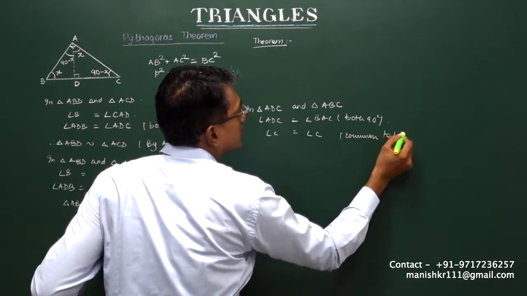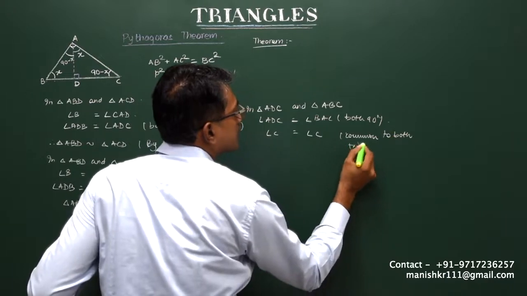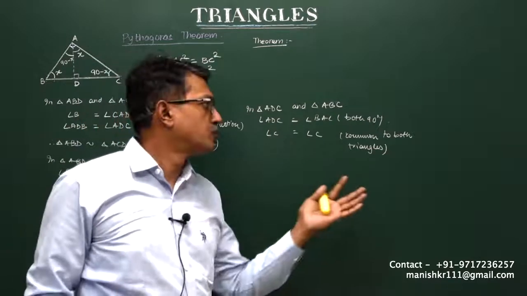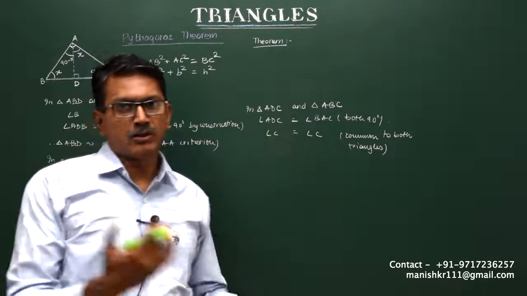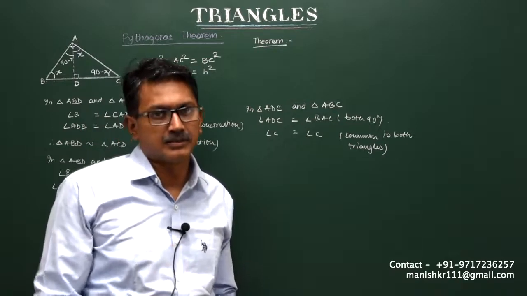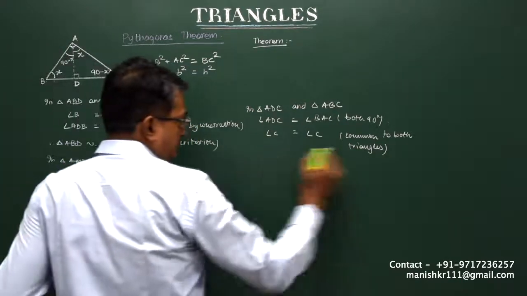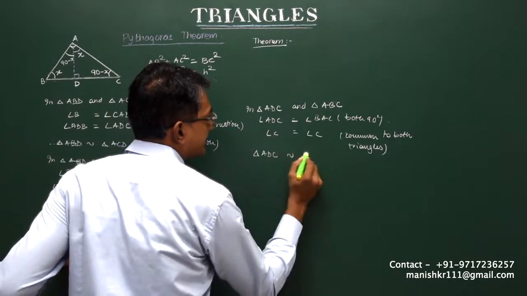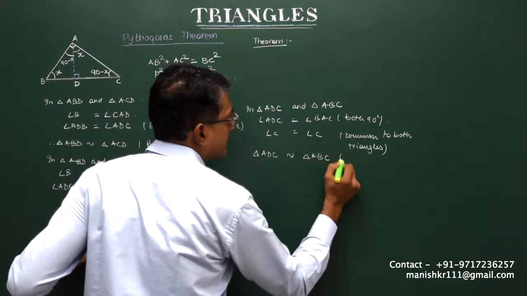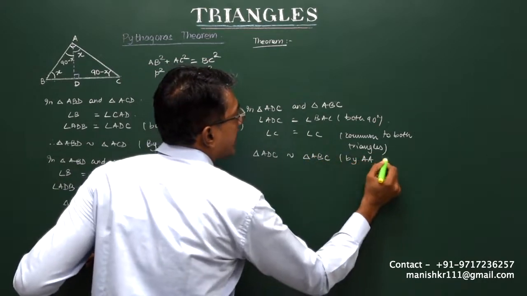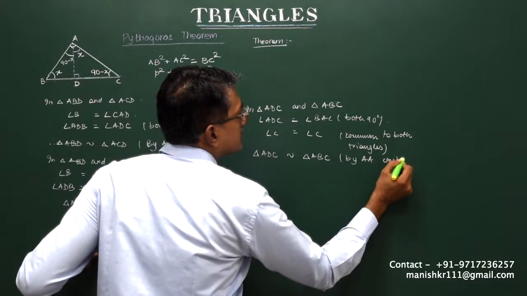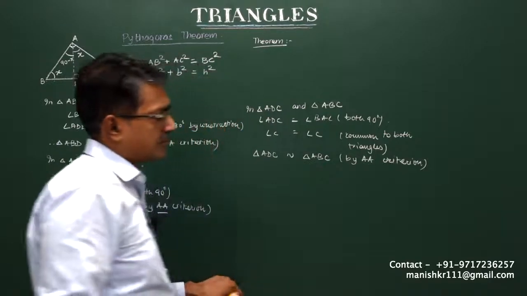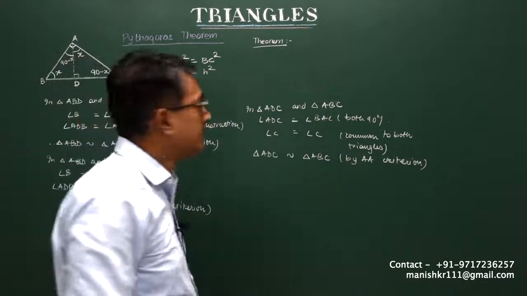One thing we should understand: whenever we are doing the proof, whenever we are writing something, it should always be qualified by some statement or the other, right? So they are also similar. So we say that triangle ADC is similar to triangle ABC again by angle criterion. Okay. You can write it as AAA as well, but you do not require to do that.